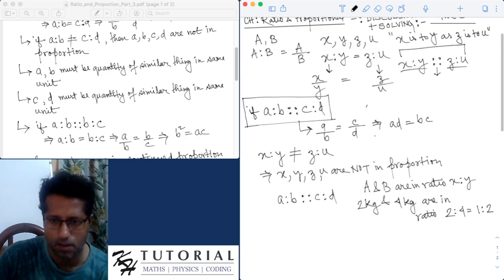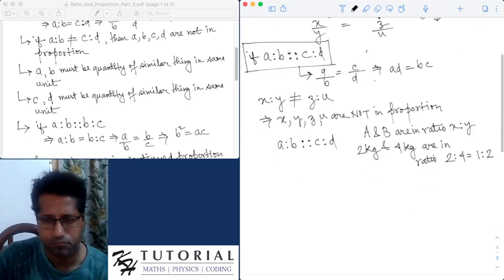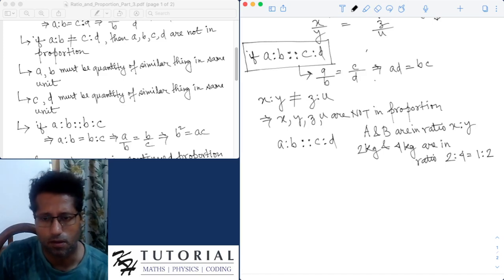So in proportion also we compare two ratios.